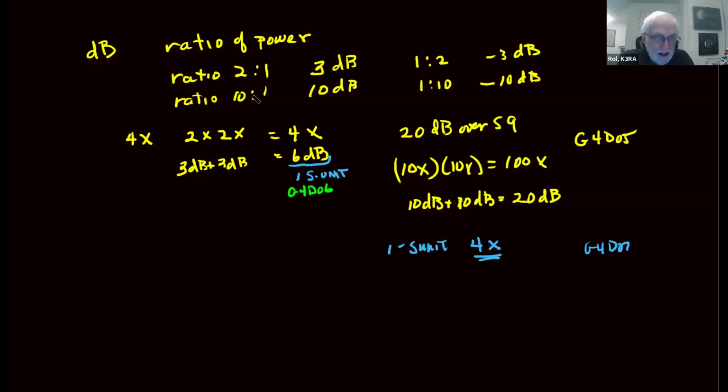When we talk about antennas, we talk about dBi and dBd. dBi is dB relative to isotropic, meaning something that radiates in all directions.